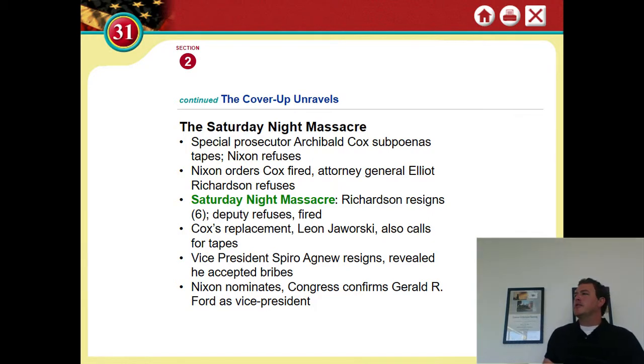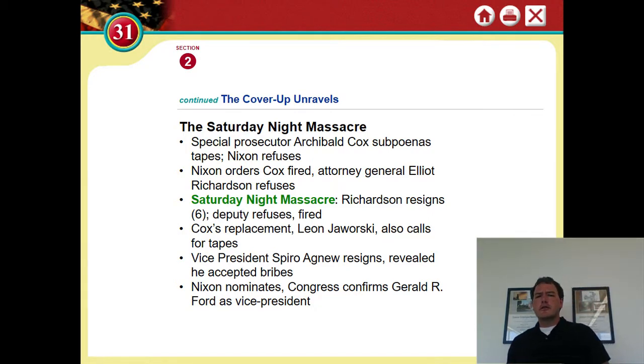And so special prosecutor in the case, Archibald Cox, subpoenaed the tapes, meaning the court has now ordered the president to surrender these tapes, which may or may not incriminate him.